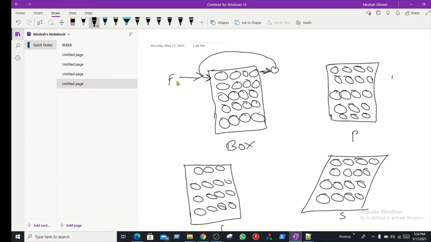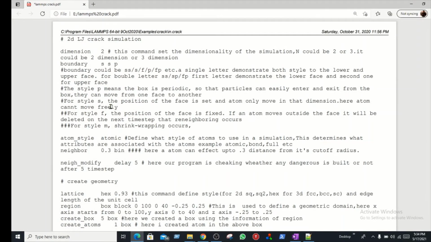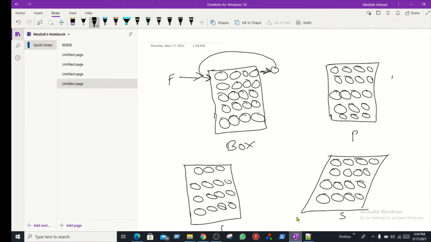Because of this force, this atom will change its initial position, and as we mentioned, for style s the atom cannot move freely. That means the atom cannot leave this simulation box. So its final position will be like this.